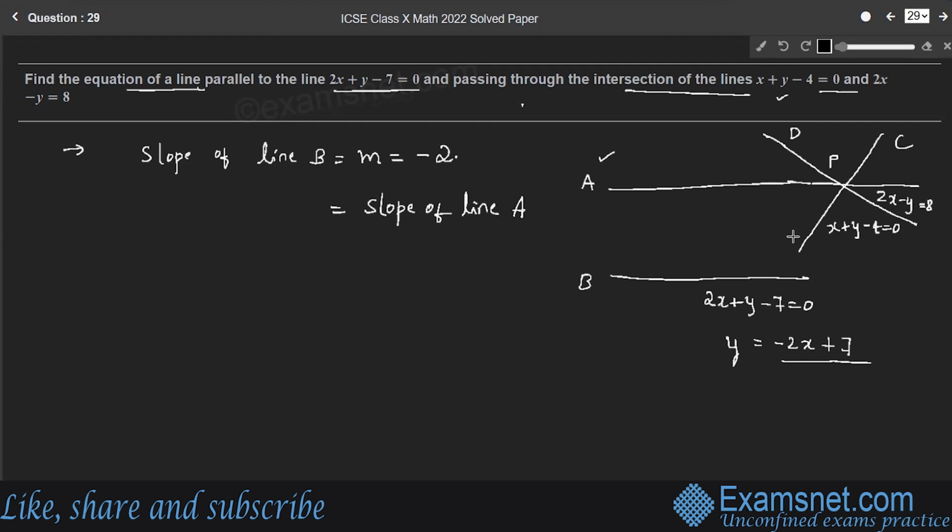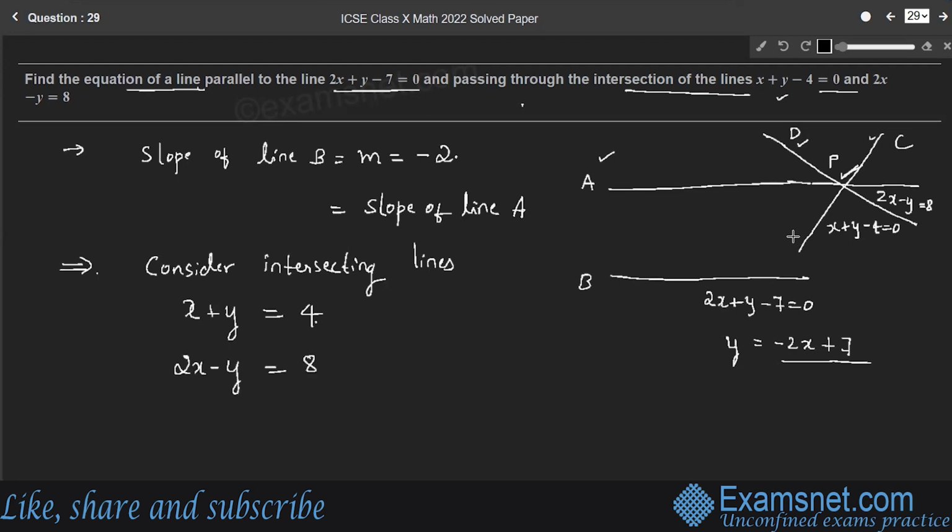Here, the coordinates of the point of intersection we need to calculate. For that, consider the two lines where they intersect at P. So the second part: intersecting lines. x plus y is equal to 4 and 2x minus y is equal to 8.